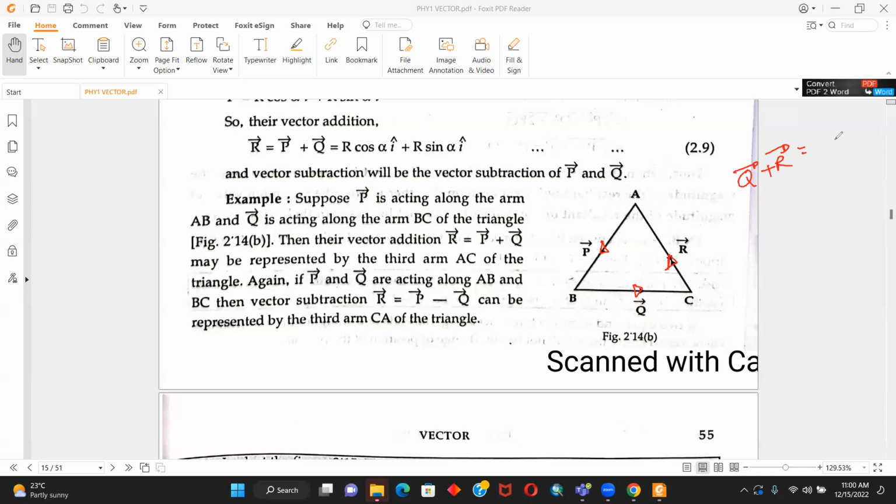It starts from this point and then ends at this point, and at its ending point r vector starts. So what should be the resultant vector? Q plus R is negative p. Negative p, right? Yes.